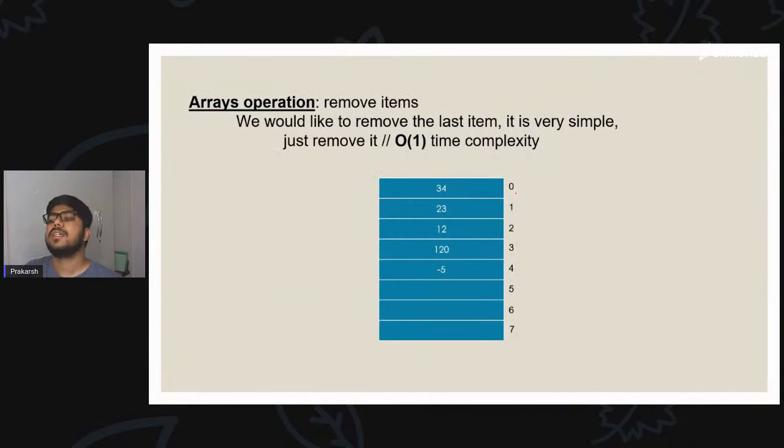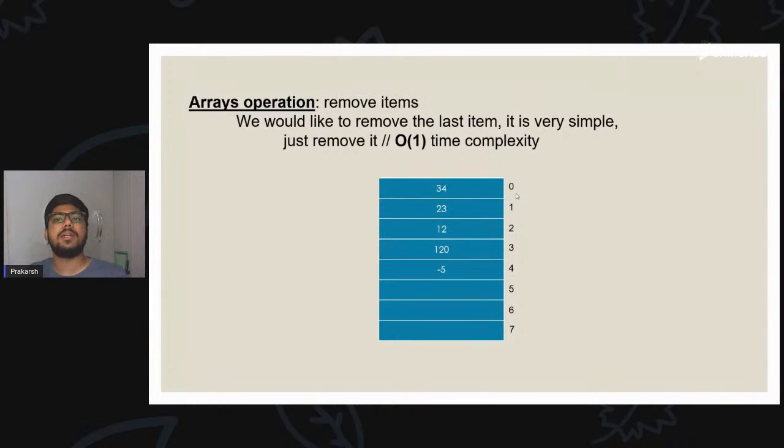So if we have to remove the last item, we are going to use O(1), the constant time notation. If we have to remove an element, we are using something which is very constant time, not something that would be suggested as O(n) complexity.